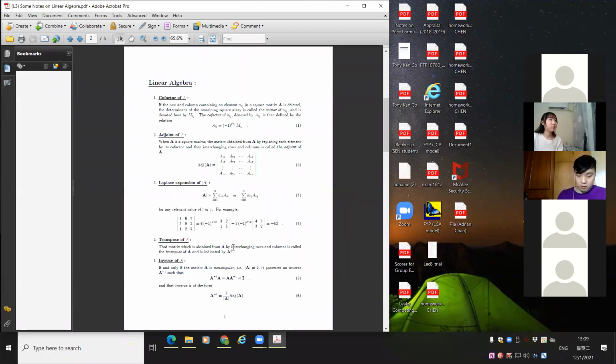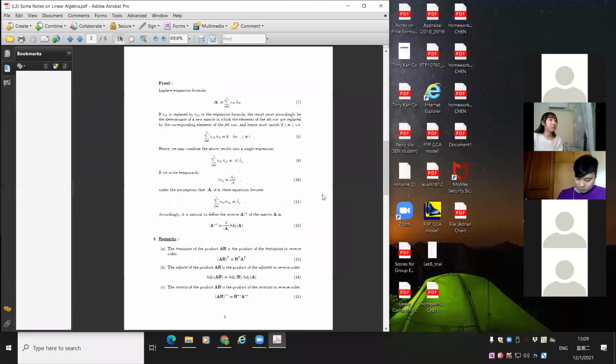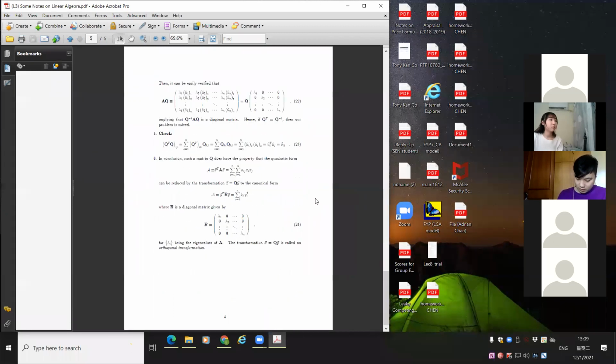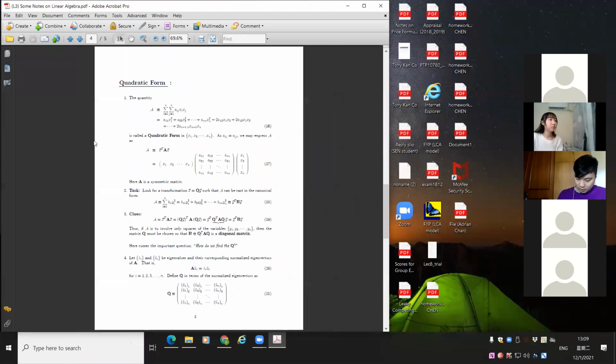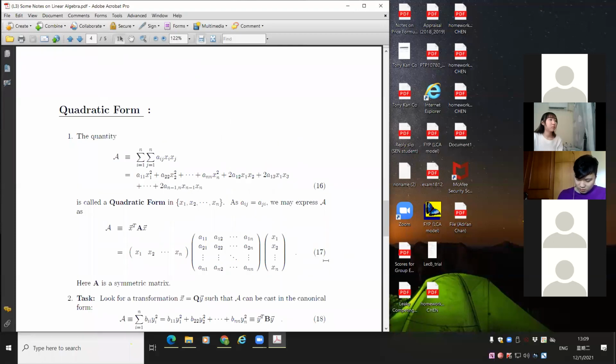I think I'll stop here now because this is about linear algebra, quadratic form. Quadratic form is an important topic. I require all of you to learn this material, quadratic form.